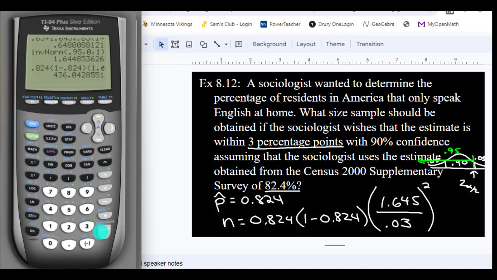And we hit enter, and we come up with that number, 436.04. And remember, the key thing here, we always have to round up. If we round down to 436, we're not quite at that 90% confidence level. So we want to round up to 437.